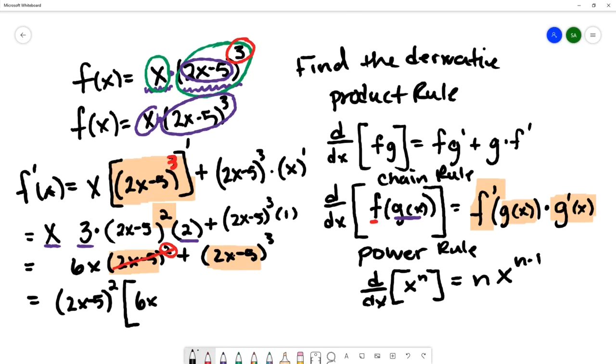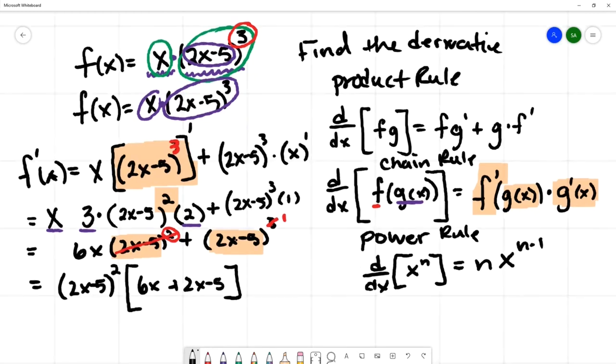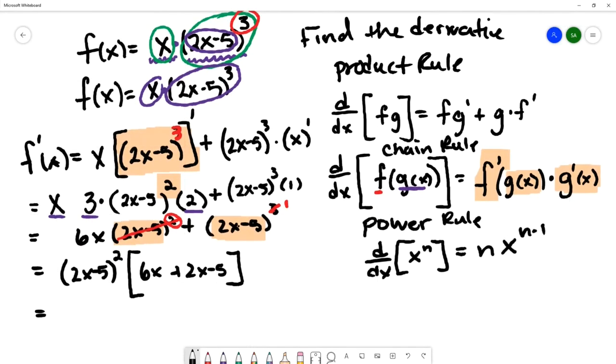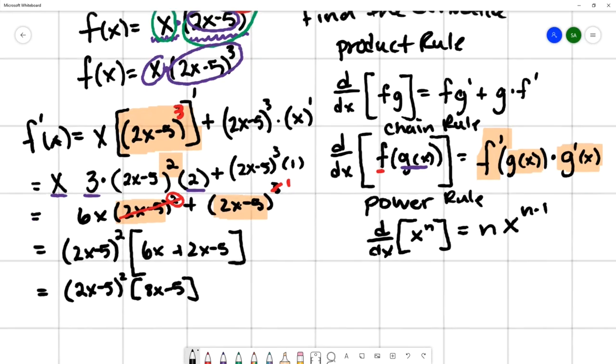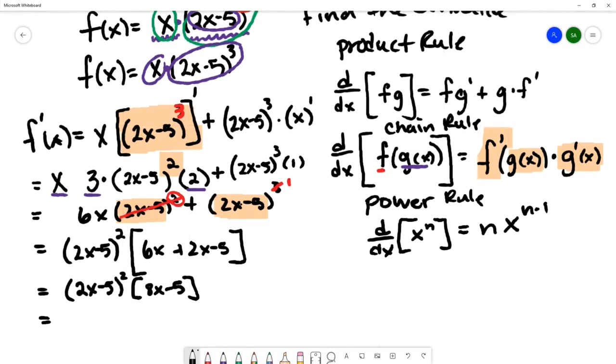And out of the second factor, I'm only taking 2 of these, so only 1 of them is left. So 2x minus 5 is left there. In the parentheses, I have some like terms I can combine. 6x plus 2x is 8x. Carry down that minus 5. So I've calculated the derivative of this function to be 2x minus 5 squared times 8x minus 5.